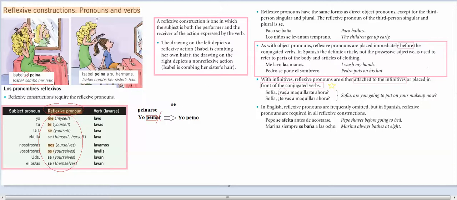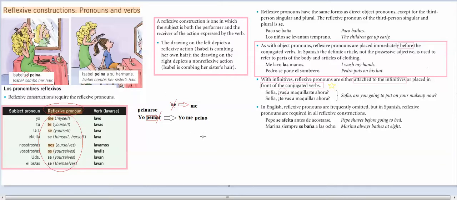So I'm going to change "se" to "me," and where I want my "me" to go within my sentence is right in front of "peino." "Yo me peino." That's how I say I comb my hair.